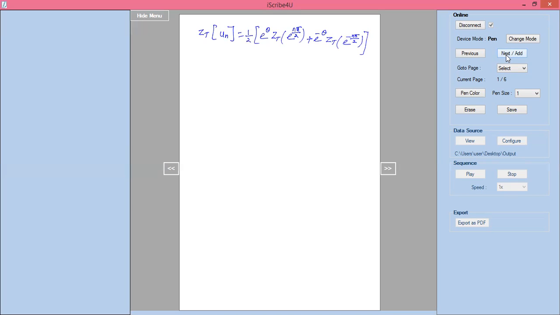Now I can simplify e power n pi by 2 and e power minus n pi by 2. How do you simplify that one?